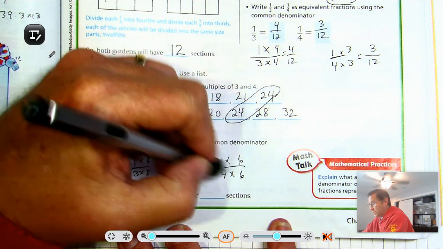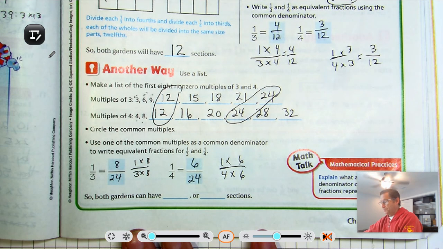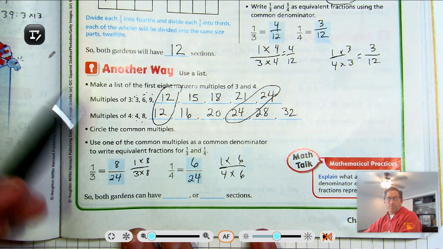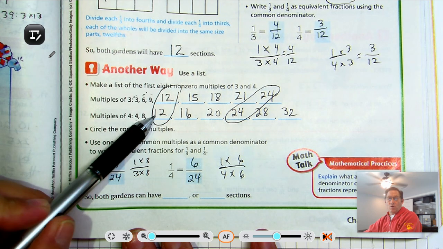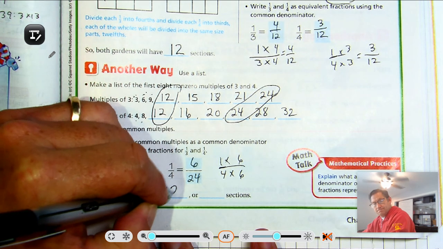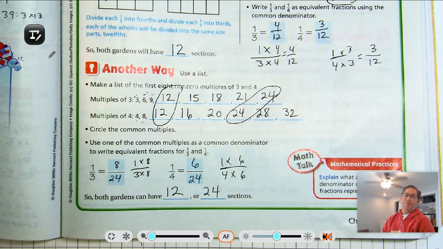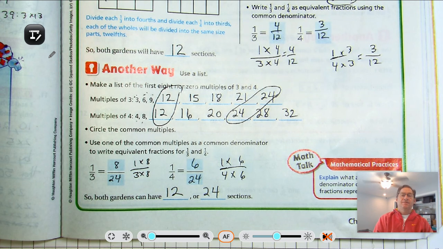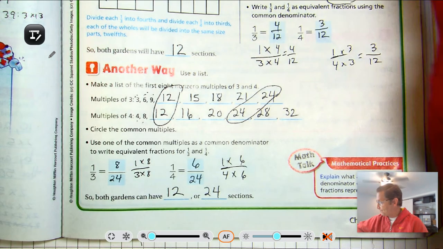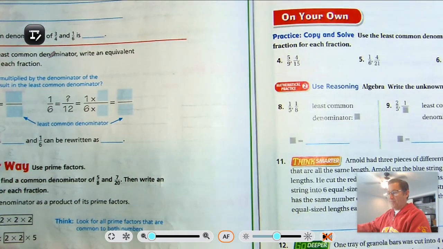So 1 times 6 is 6, and 6 times 4 is 24. So looking at this, both gardens can have 12 or 24 sections. All right, so make a list of the multiples. This is another method for finding common denominators.